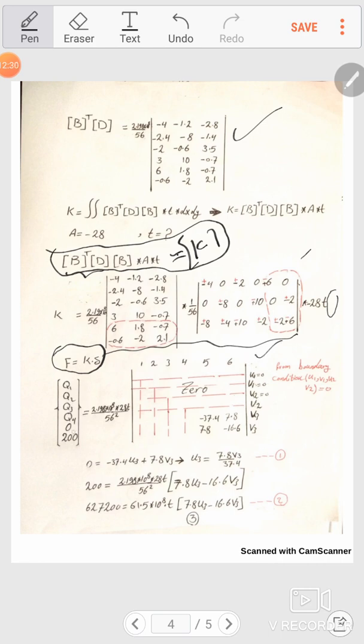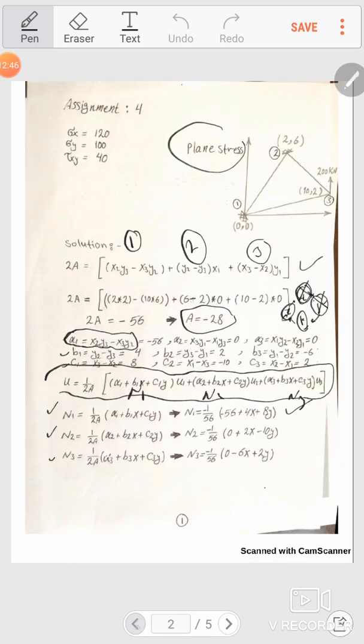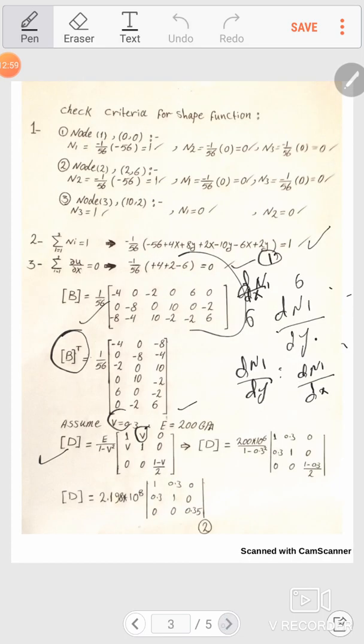Also, for the force, you can divide each point into two forces, I mean the force in the X direction and in the Y direction. Here we have a force only on node number 3. On node number 3 I have 200 kN in the Y direction.